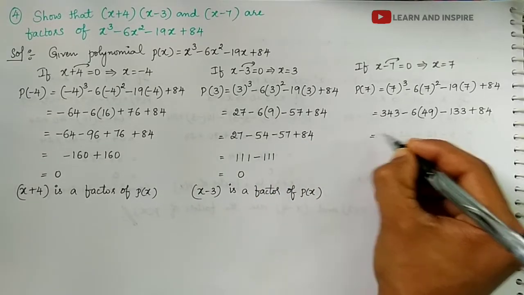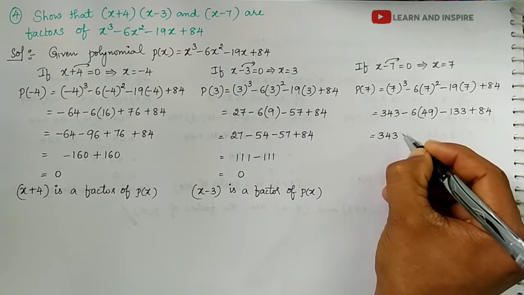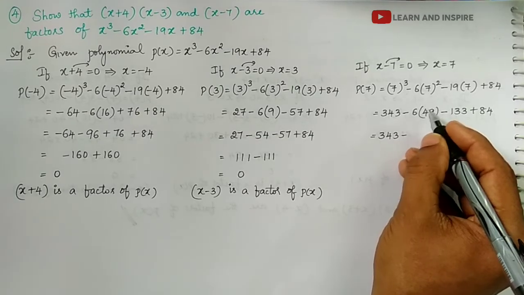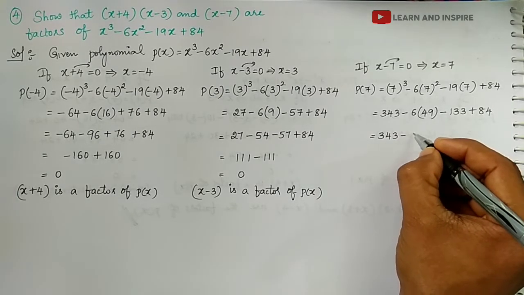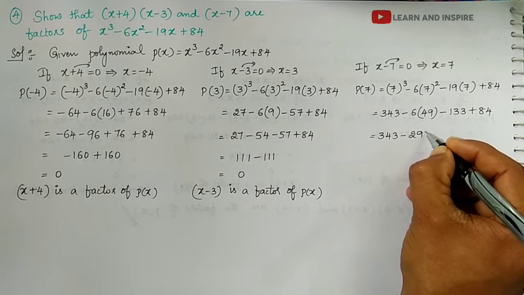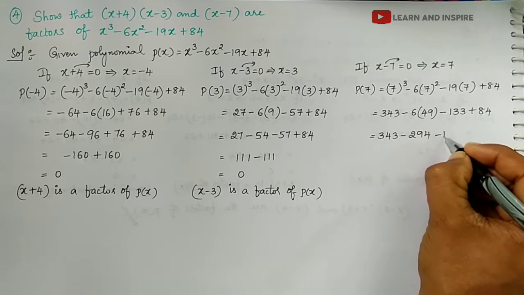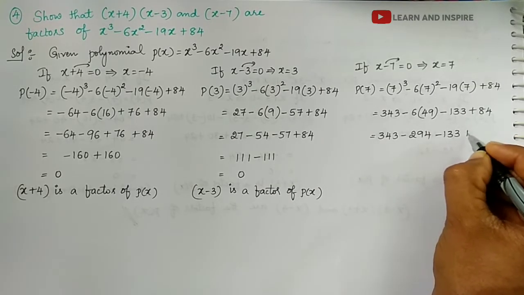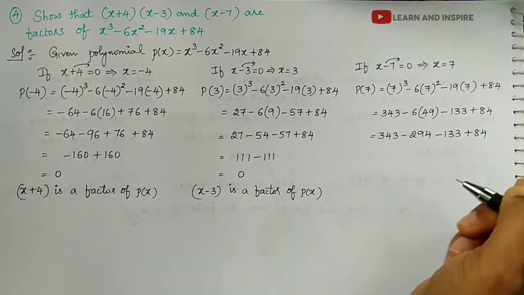Understood? So I write 343 as it is. 49 6s, if I multiply 49 6s, we get 294, and write minus 133 plus 84.